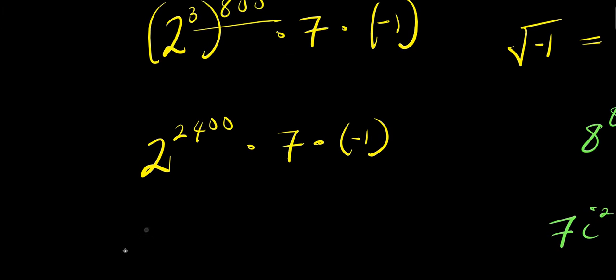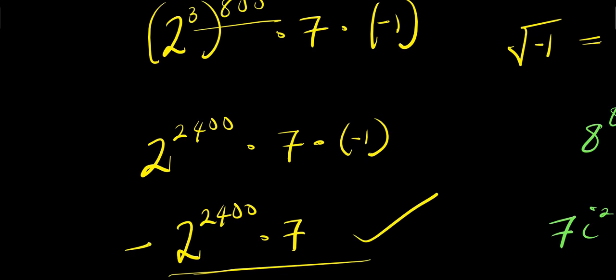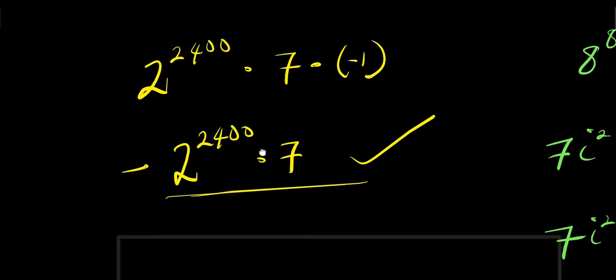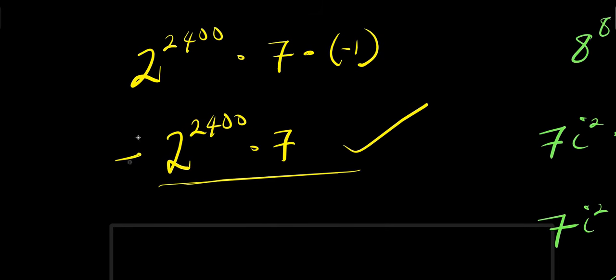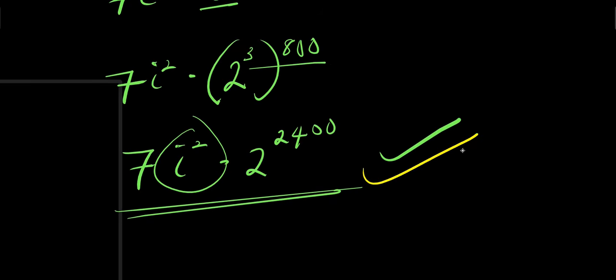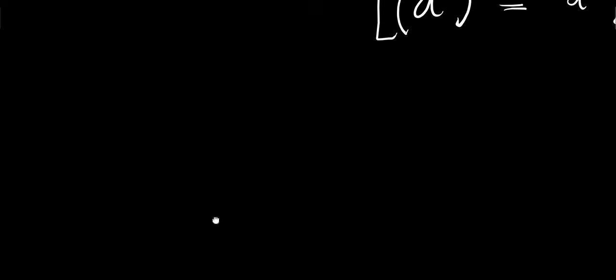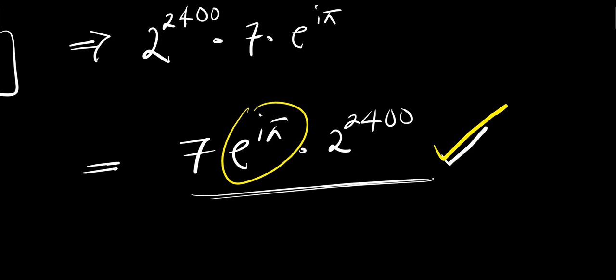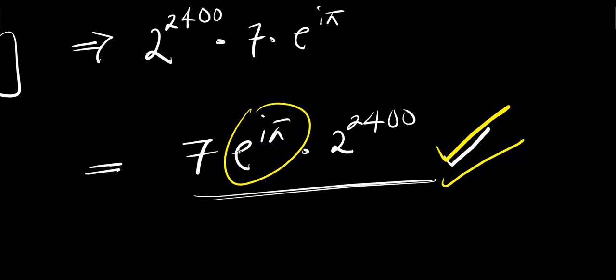So if you multiply this, we have -2 power 2400 times 7. This is also another variation of the answer, but if you want to eliminate this, you can either make use of this variation, or you make use of this other one here.